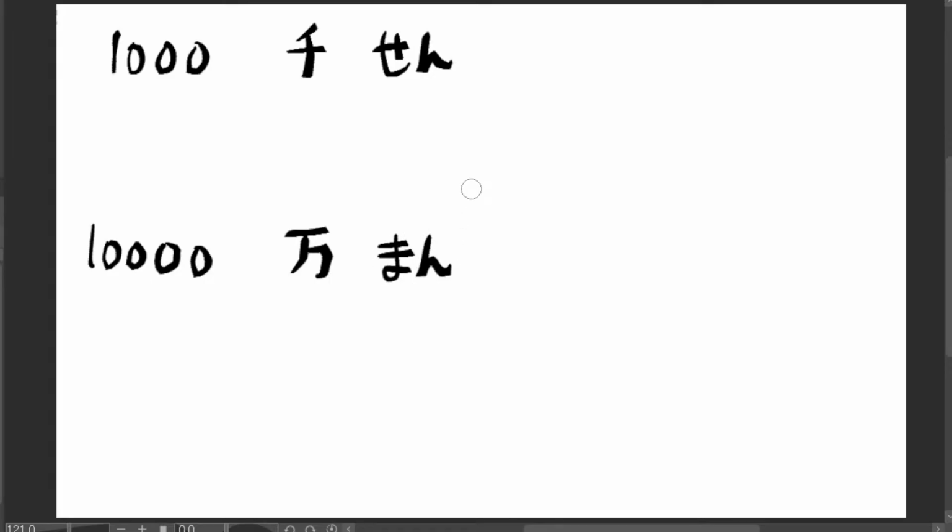For sen, it is the same as hyaku, where you don't say ichi sen. If it is written as 1,000, you just say sen. So sen is 1,000.